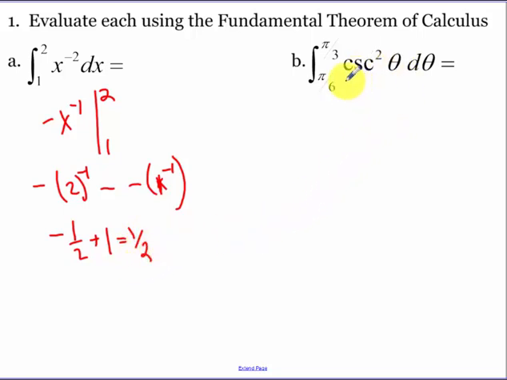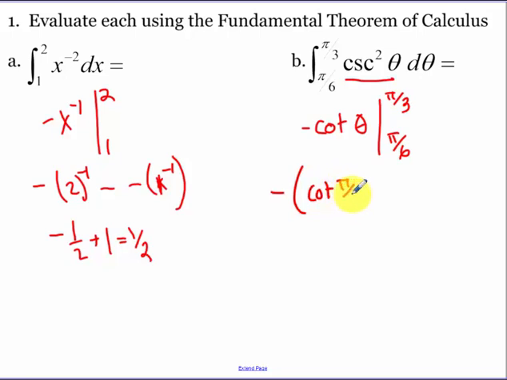What function's derivative is cosecant? Well, that's the negative cotangent. Cotangent, not cosine. The cotangent of theta. And I'm going to evaluate that from pi over 3 to pi over 6. So I'm going to actually pull out that negative, and I'm going to evaluate cotangent at pi over 3 minus the cotangent of pi over 6.